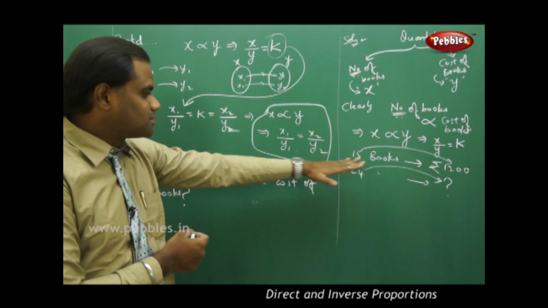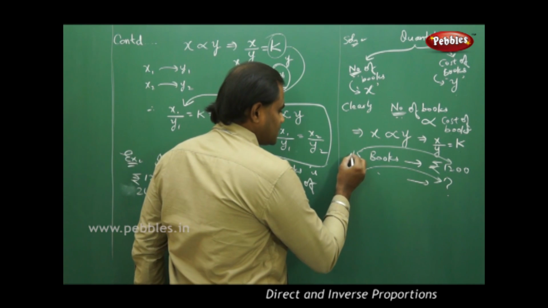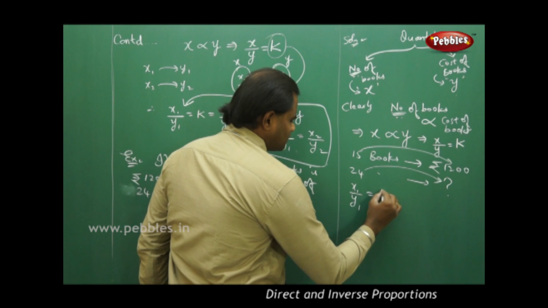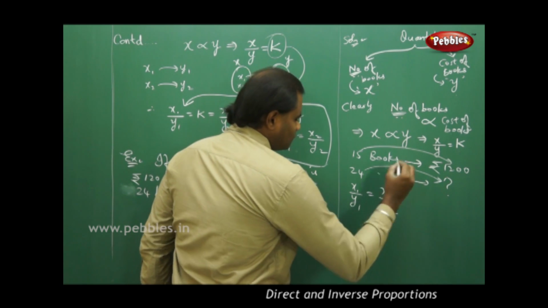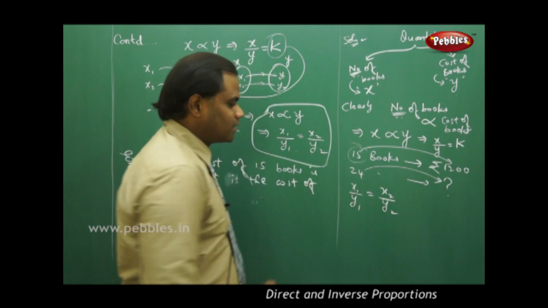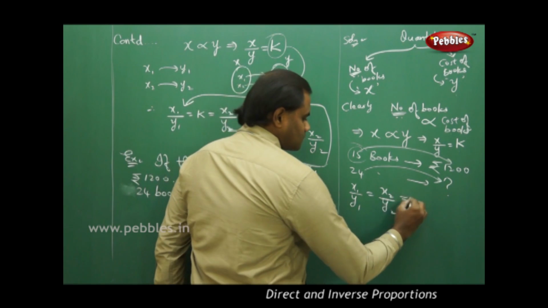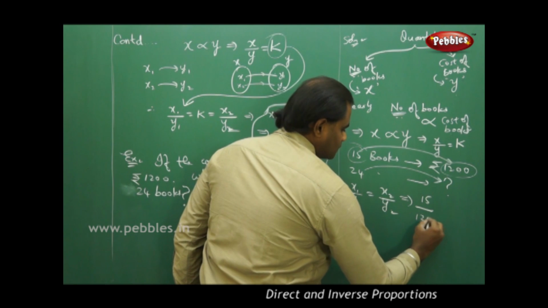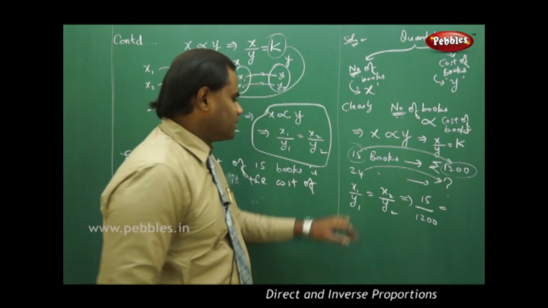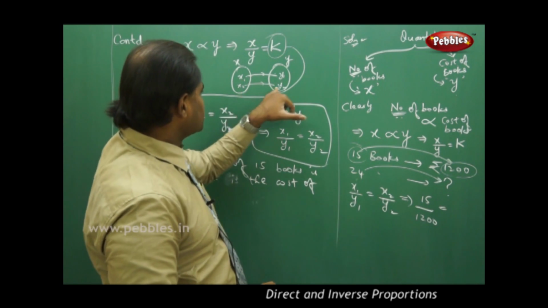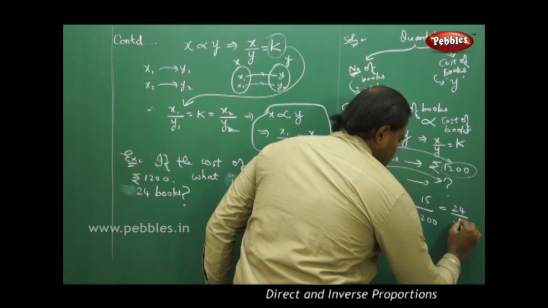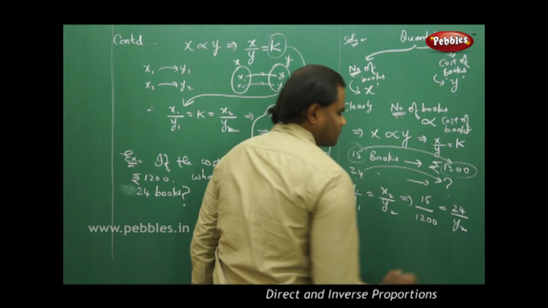Using this concept here, x1 by y1 must be equal to x2 by y2, where I take x1 as 15 and y1 as 1200, and that is equal to the second quantity x2, related to y2. So 24 is related to y2, which is what I need to find.